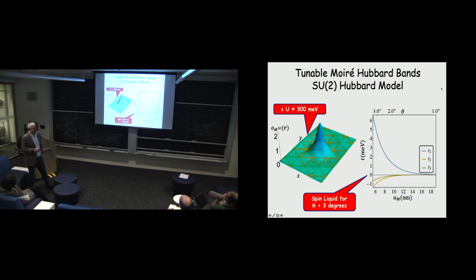So this is this system, if you could actually measure it, and people are maybe not quite there yet in terms of the quality of the materials, although it's definitely coming. You can explore the properties of a two-dimensional system of electrons on a triangular lattice.